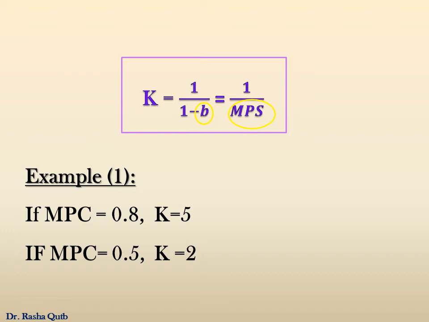So there is a positive relationship between MPC and the value of multiplier. The higher the marginal propensity to consume, the higher the value of multiplier. The lower the marginal propensity to save, the higher the value of multiplier.